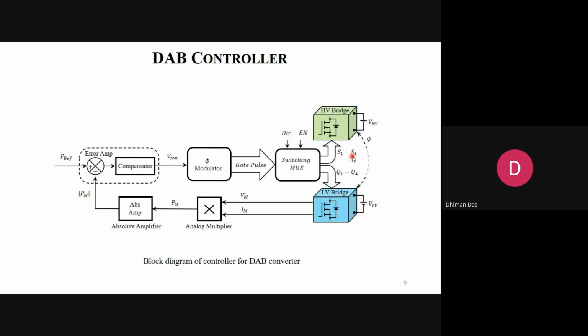And the direction changes when you reverse the switching sequence. That means if you make Q1 to S1 and S1 to Q1, that means you are making the lagging bridge leading and the leading bridge lagging.